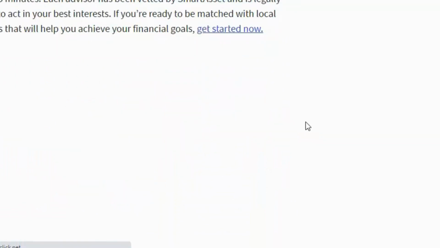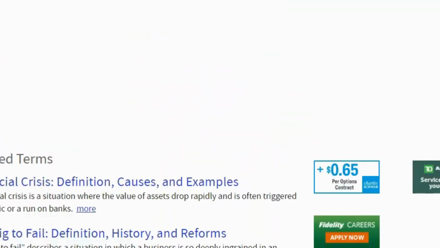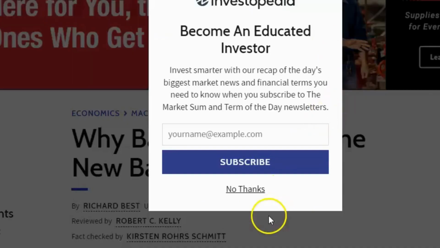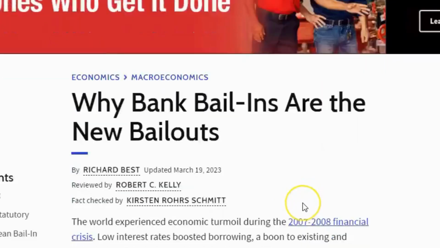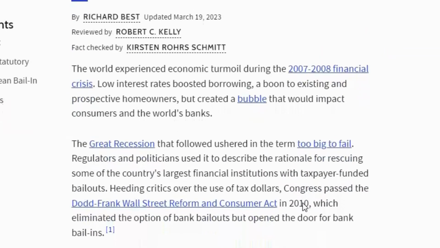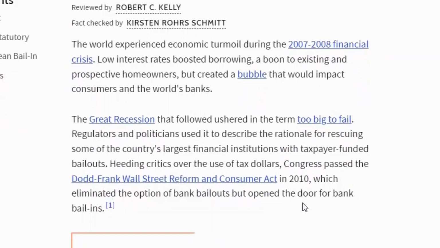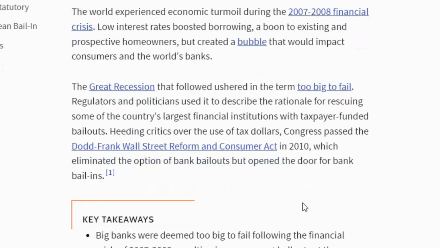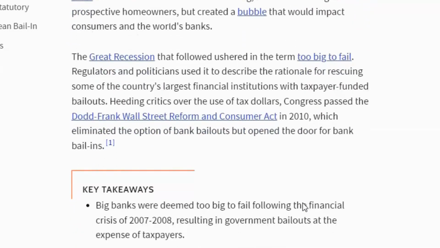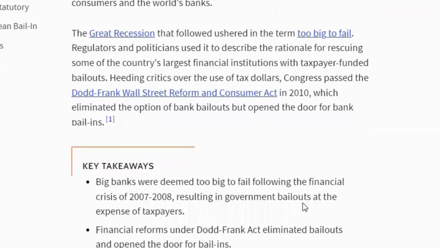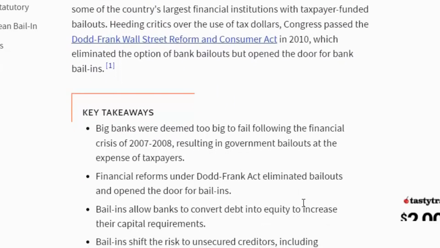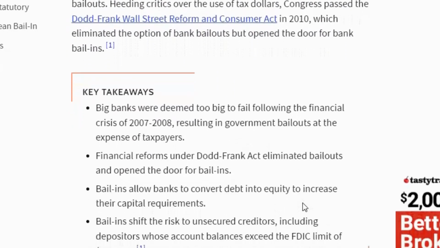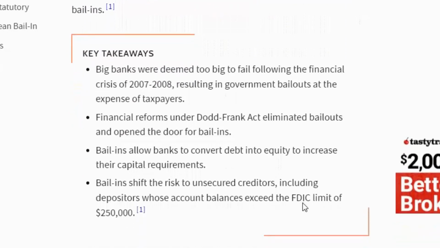Is it legal in the United States? Well, is it legal? Yes, it is. This is another article from Investopedia, which indicates after the 2008 financial crisis, the Dodd-Frank Wall Street Reform and Consumer Protection Act was passed in 2010, and that allows for bank bail-ins.